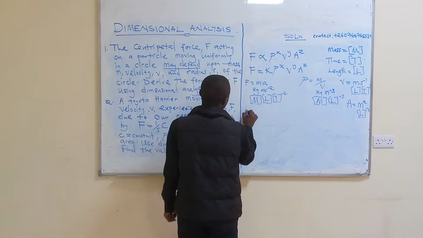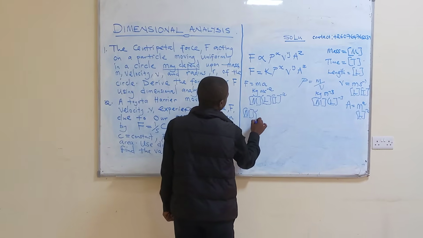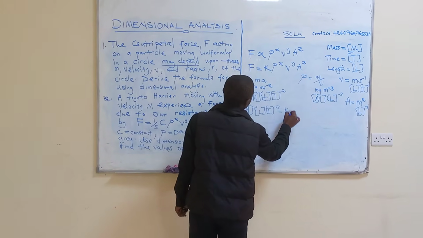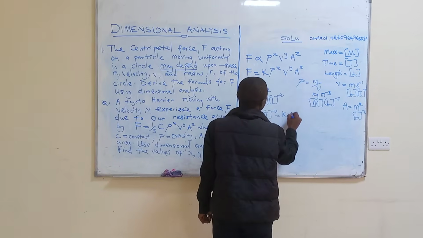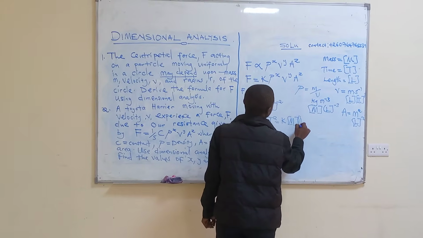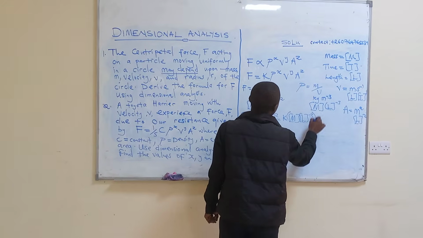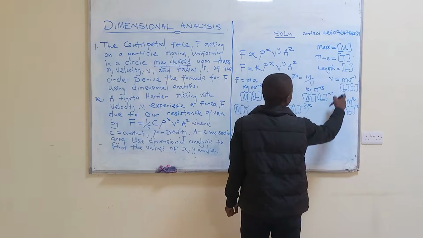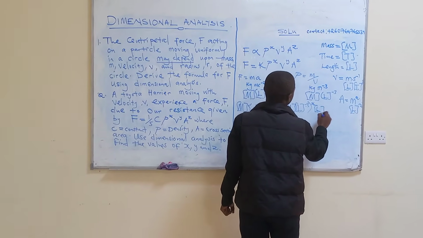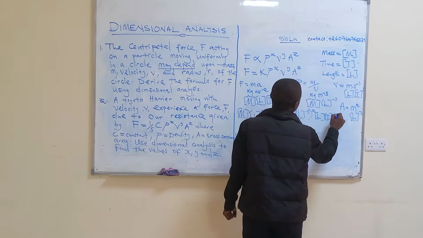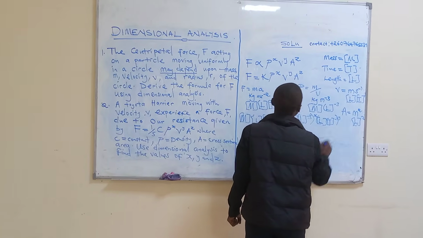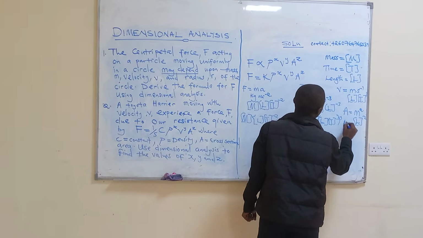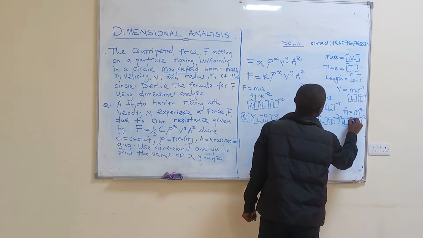So from there, I should now substitute each dimension with the respective quantities. So for force, I have M L T^-2 is equal to constant. For density, that one, M L^-3 raised to power x. And then for velocity, I'm getting that L T^-1 raised to power y. For area, I have L raised to power 2z.